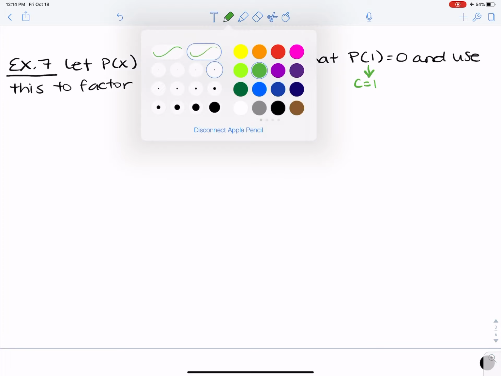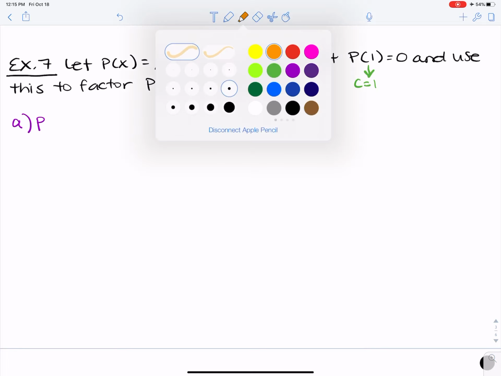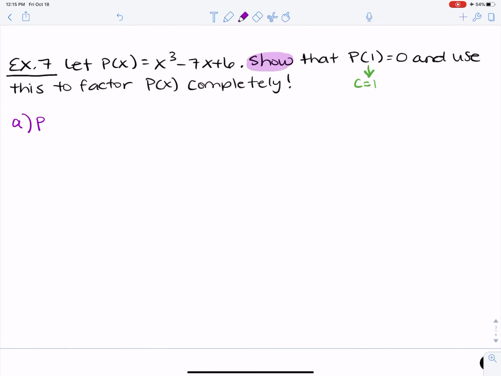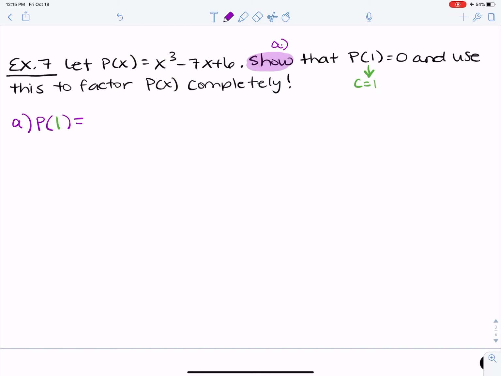So I'm going to rewrite it. Part A: we got to plug it in because it says to show. So we have to do the first part, and we have to show, and that is, again, part A. In showing, this is P of 1, equals 1 to the third minus 7 times 1 plus 6.